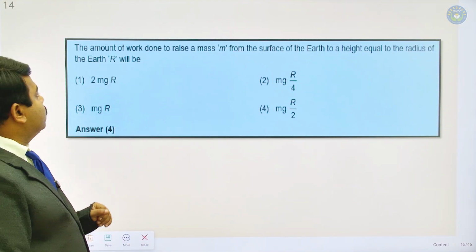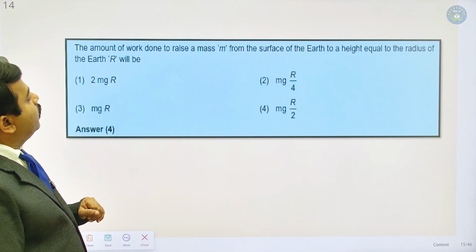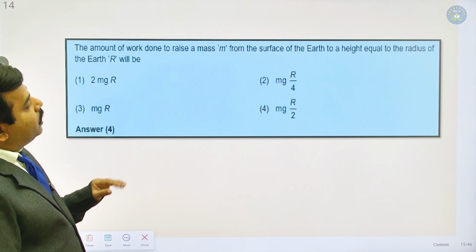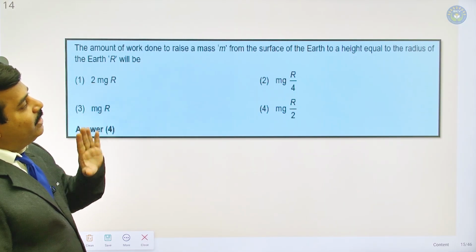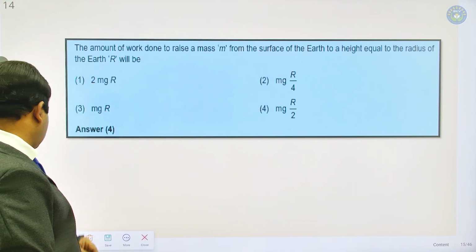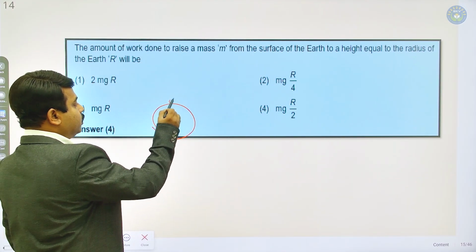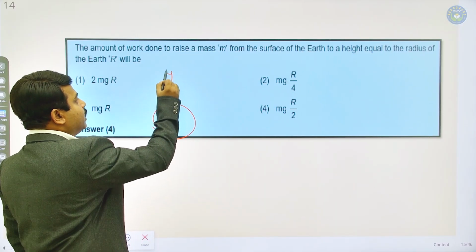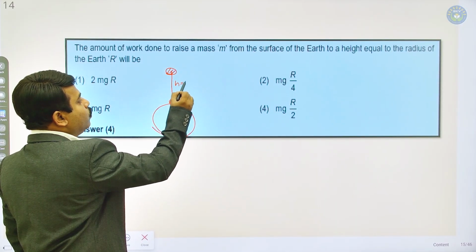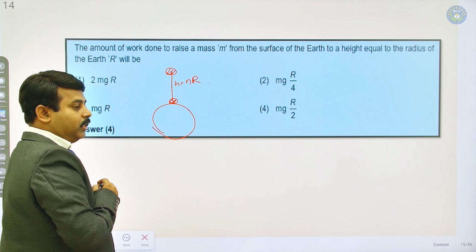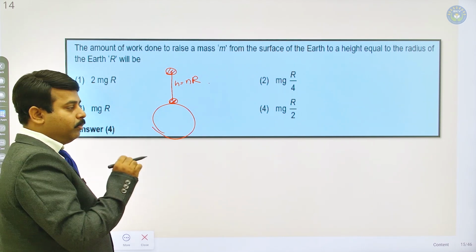Now, question number 13. The amount of work done to raise the mass m from the surface of the earth to a height equal to the radius of the earth R will be? See, we already studied raising a mass from the surface of the earth to a height equal to n times the radius. What is the formula we studied? You remember?